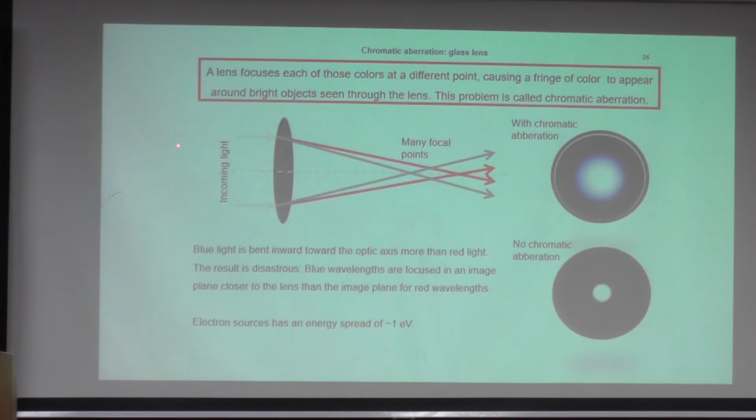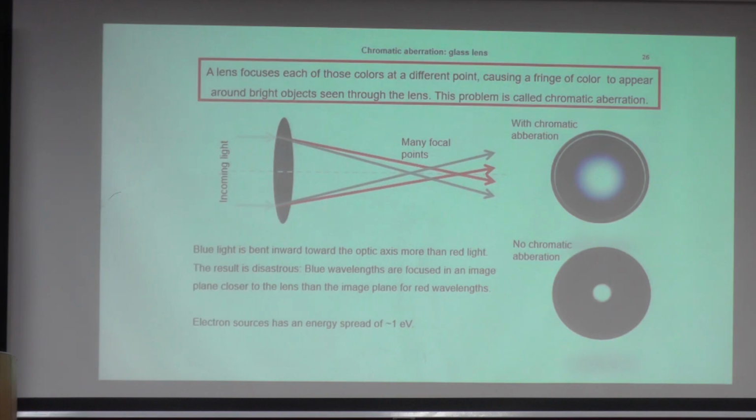So here we have incoming light, and you know that our light consists of different wavelengths, here colors, in a simple case. And chromatic aberration is the inability again to focus all these colors to one point, and this also leads to the problem of a blurred image.